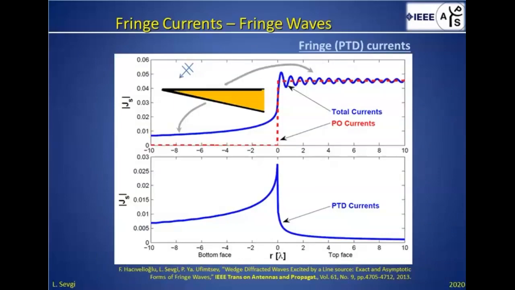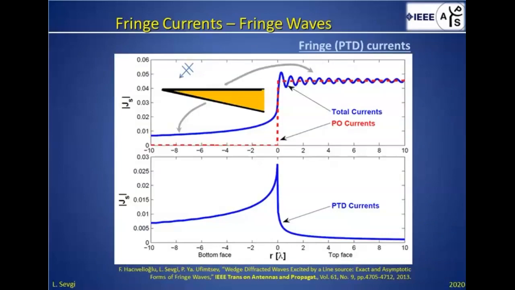JS is the surface currents. So the top current shows you total currents and physical optic currents. If you subtract the red one from the blue one, you get the bottom curve, which is only PTD currents.